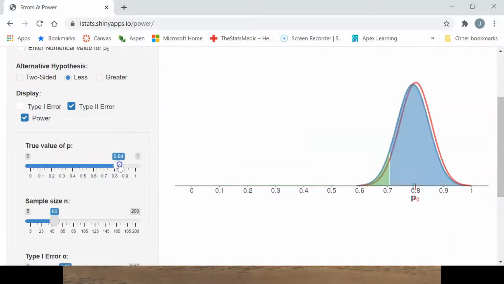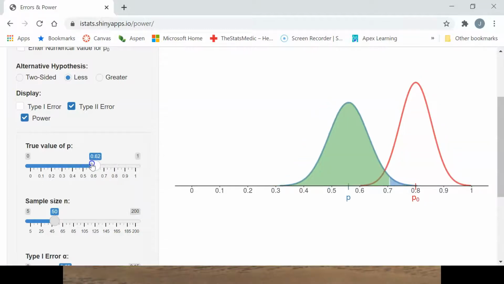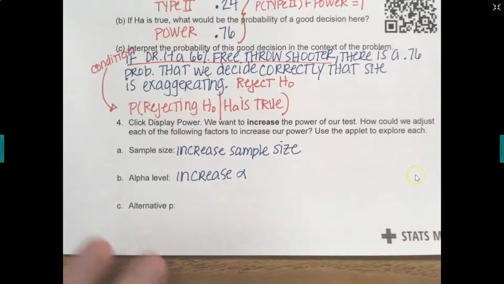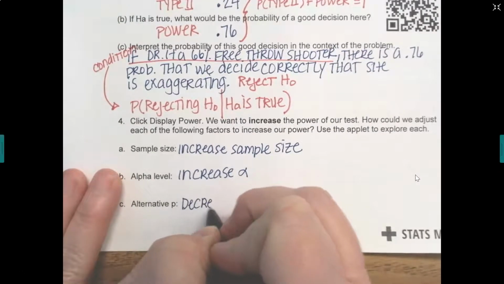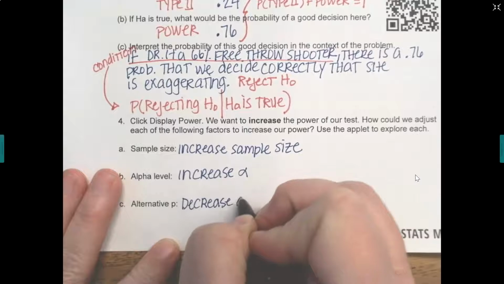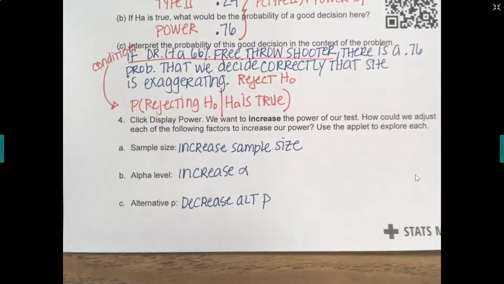So if I make my alternate value bigger, it's really difficult to see, but there's a tiny, tiny green section right here. So if I'm wanting to increase my power, I need to decrease my alternate value of P. There needs to be a bigger difference between them, essentially. So we would need to decrease our alternate P.